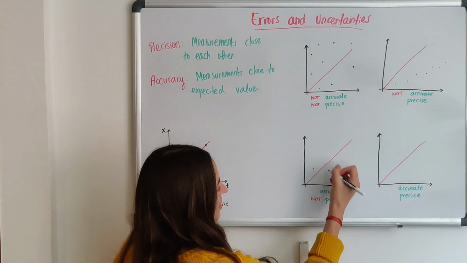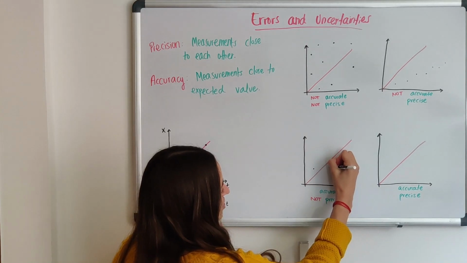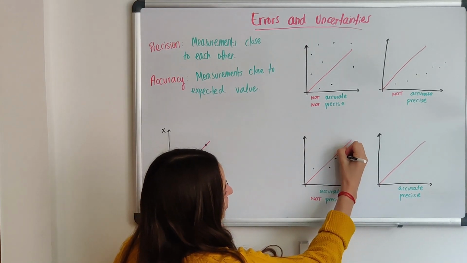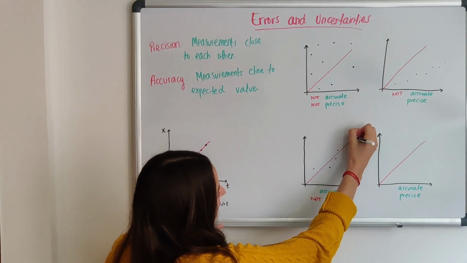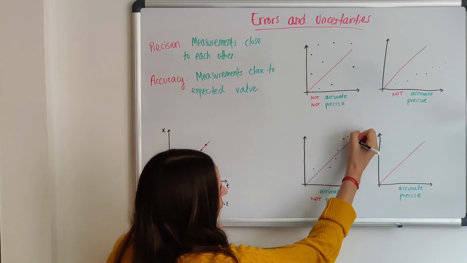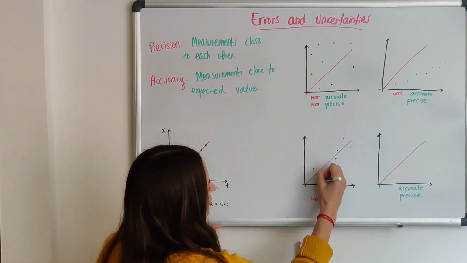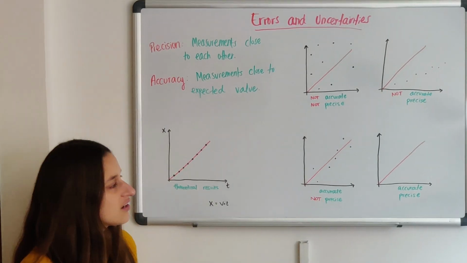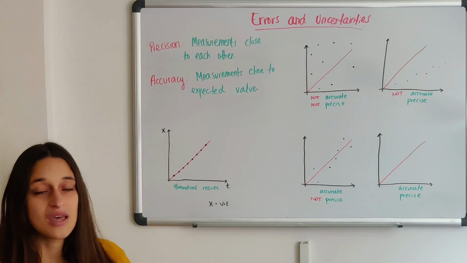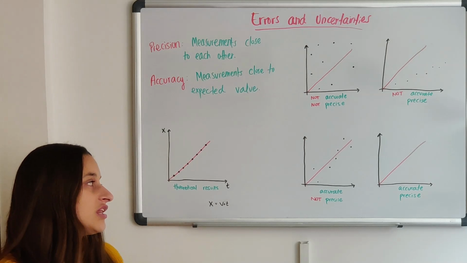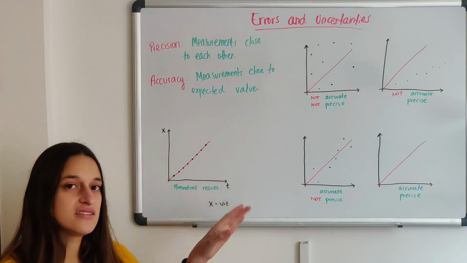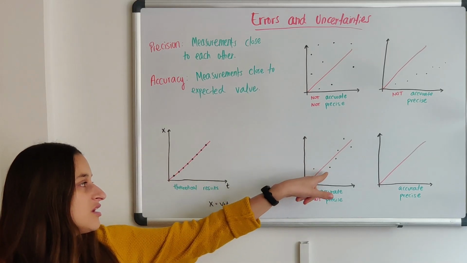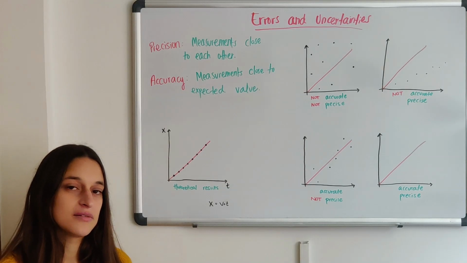This one would be too high, but then the next one might be too low, another low one, but then another high one, and maybe another low one, and another high one. So they're not perfect. They are a little bit separated, and they should be closer to the line, but they are accurate because they are showing a linear tendency with the exact slope of the line that we were expecting.